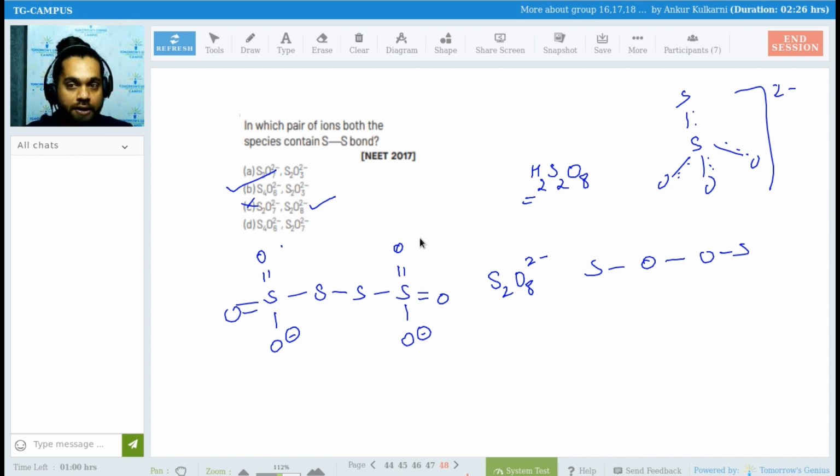Sashidharan, Prasanti, Sarjana, come on, draw the structure. Structure 1, structure 2. Draw it. Next question is also on structure. Come on, draw it.